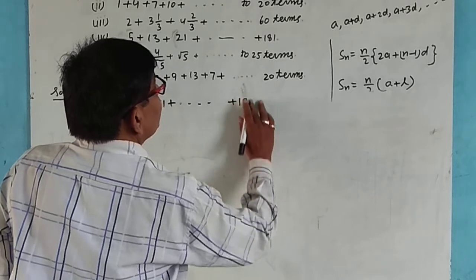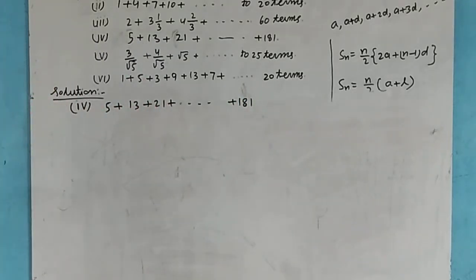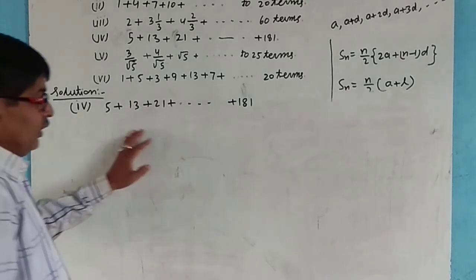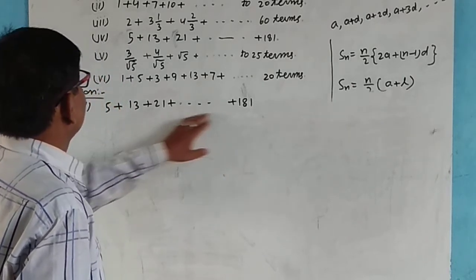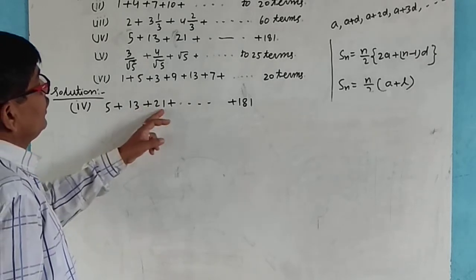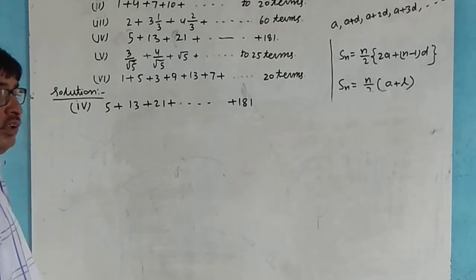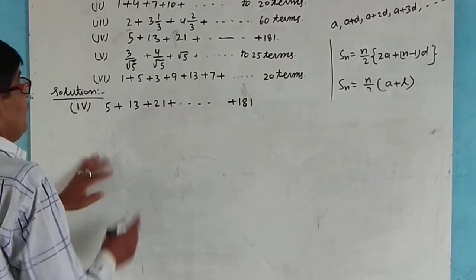Now in this case we don't know how many terms. First of all we calculate the number of terms present in this series. 5, 13, 21. Here d is a constant. Now it is in AP.